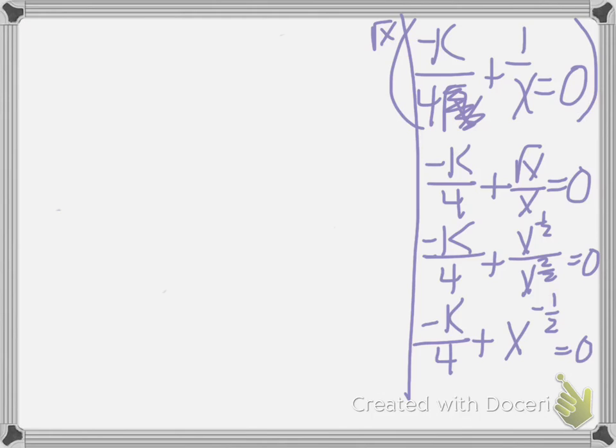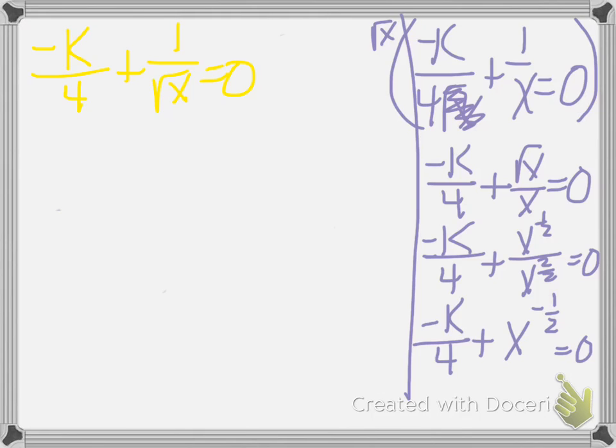Okay, so we have this. Now x to the negative 1/2 is really equal to 1 over radical x, so let's write it like that. Okay, clearly I can't stay with this yellow, so let's find a different color. How about this dark blue?